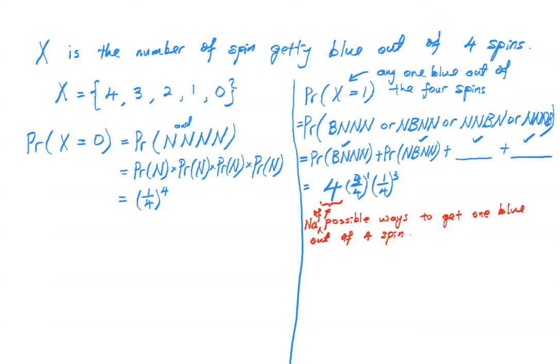Correct? It happened to be 4 also. Okay, now, what does this number tell you? The product of this. This is the probability for each outcome for this situation. Correct? Okay.